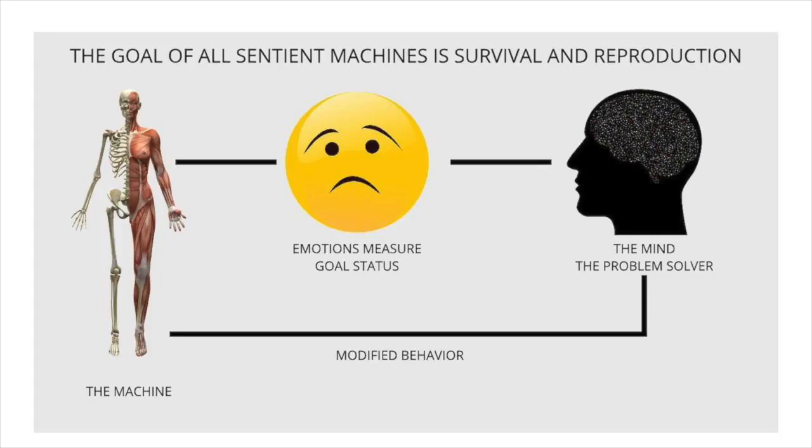So anyway, in terms of this high-level view, we're fairly simple things to understand. We have a body that can sense the environment and can affect the environment. We have emotions that are measuring how we're surviving and reproducing all the time. And those emotions create pain, and if there's pleasure, the mind thinks, oh, I want more of that, and we kind of do it until we're sick of it.